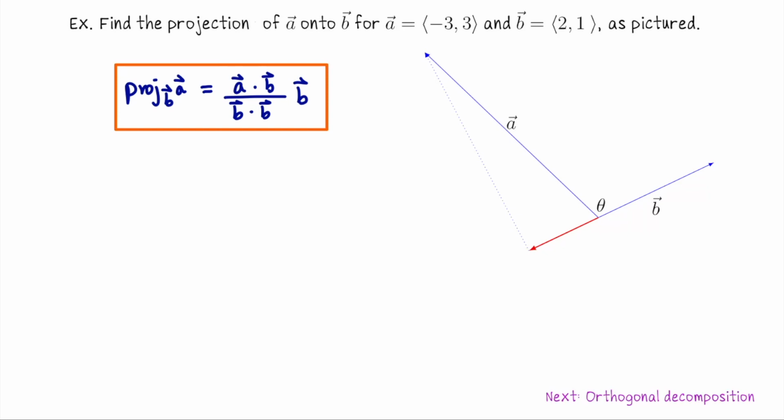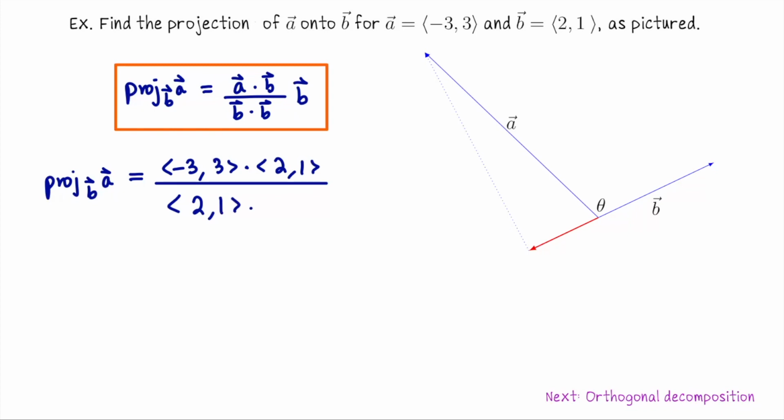So we can say that the projection of this vector a onto b is going to be the dot product of a and b. So let me write -3, 3 dotted with 2, 1, all over 2, 1 dotted with itself, or you could say the length of 2, 1 squared. Okay, that's that scalar k that we solved for, and then we take that scalar and we multiply it by b itself.